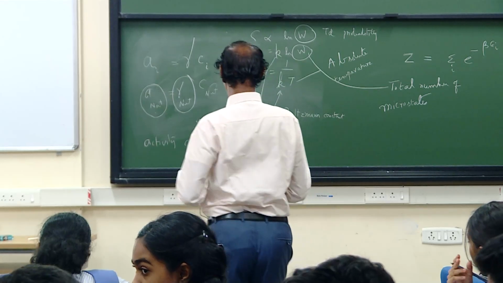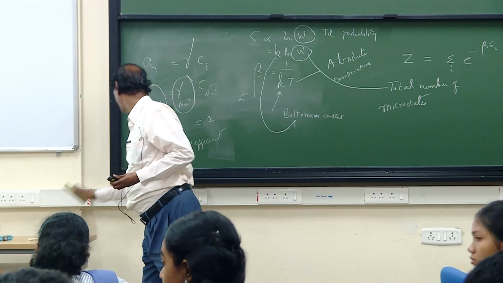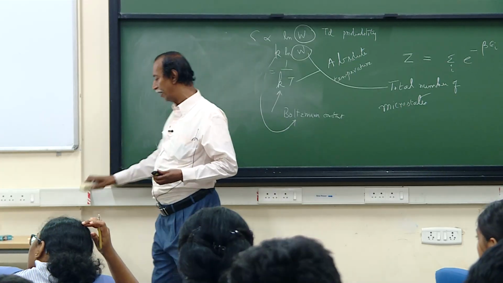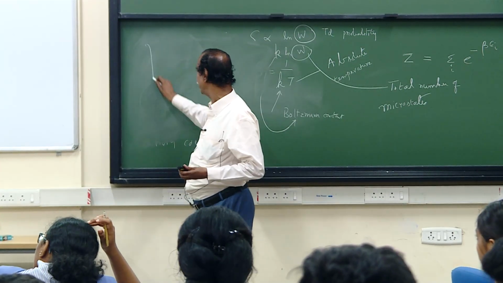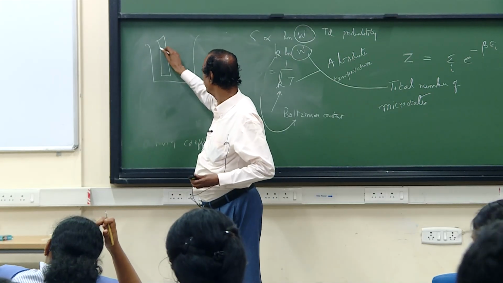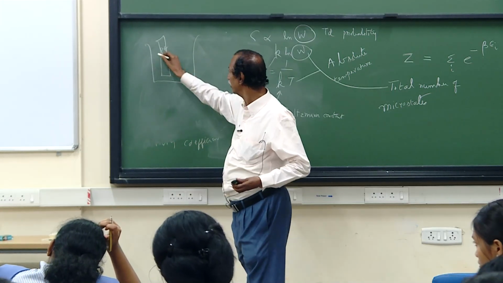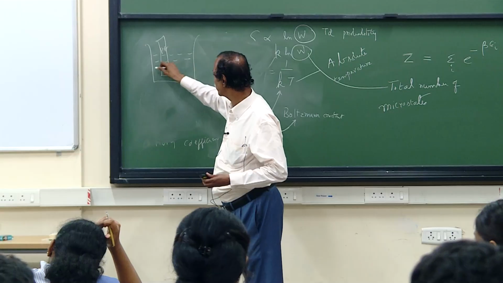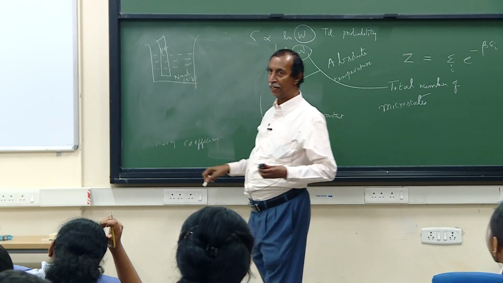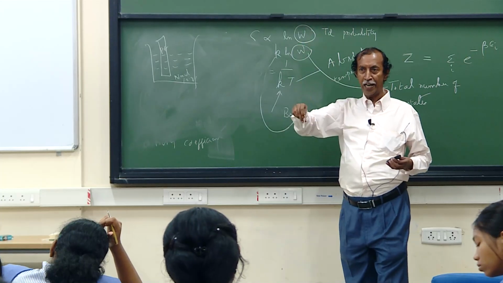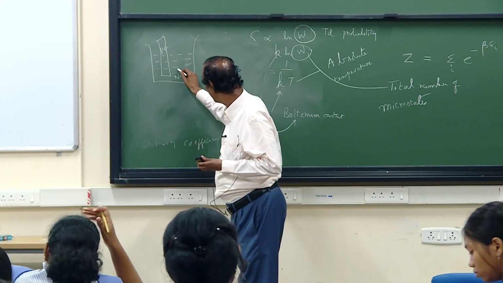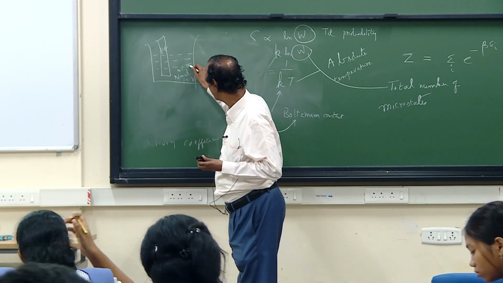Suppose I have a beaker where I dip the electrode. Then I have a platinum electrode. These are all electrolytes, let us say sodium chloride. For example, when I dip an electrode in the electrolyte solution, the NaCl is going to be Na plus and Cl minus.